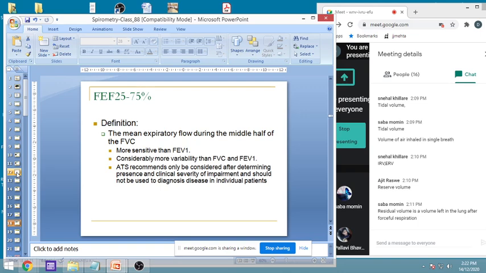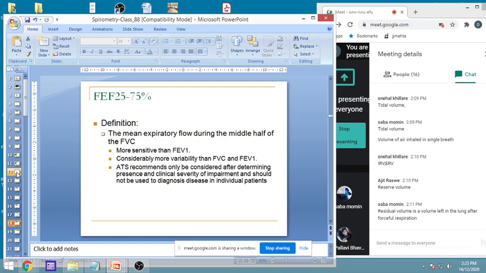Then another one is FEF, that is forced expiratory flow, in the middle actually. So it is the mean expiratory flow during the middle half of the FVC. FVC is clear now. What is FVC? That is forced vital capacity, in which we are expiring air very forcefully.